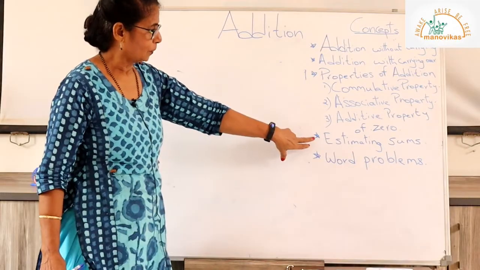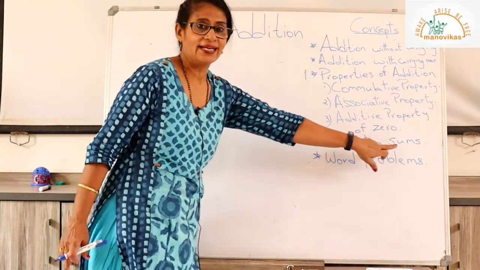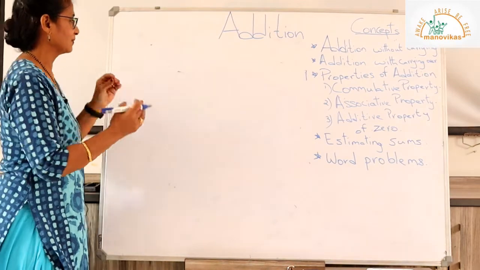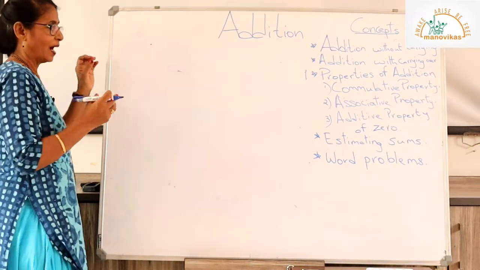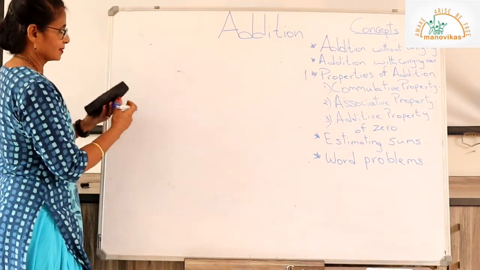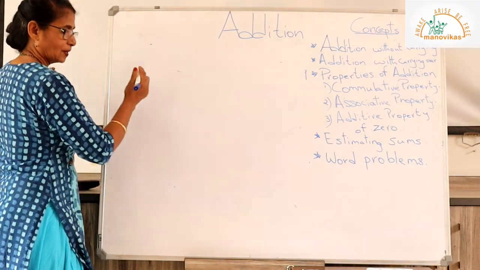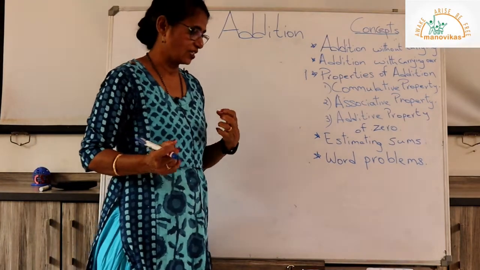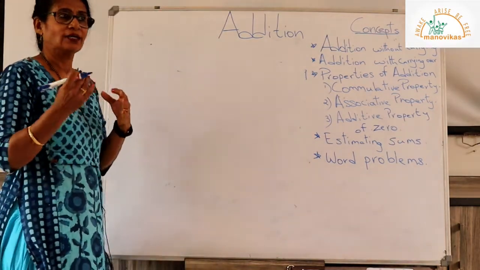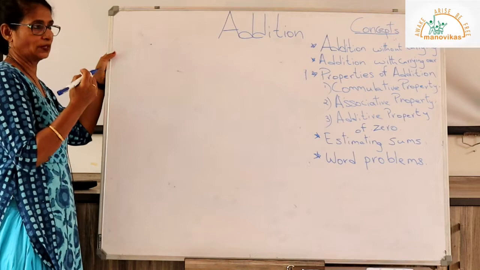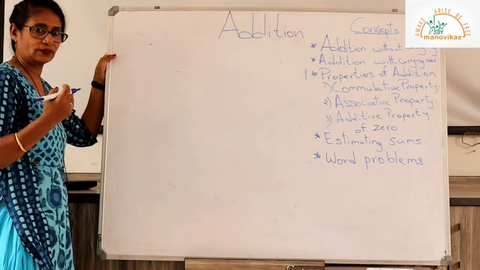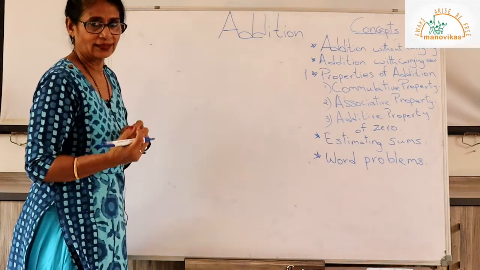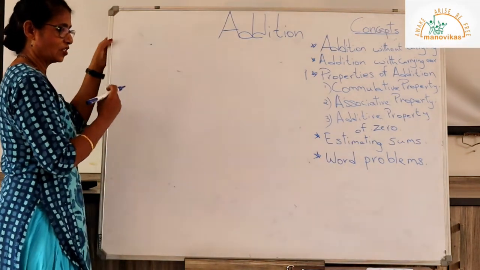Next we have our fourth concept, estimating sum. Now what do you mean by estimating? We just estimate a number other than the actual sum. So for example, to estimate a 3-digit number, use the hundreds closer to each number. If you are doing a 4-digit number, you have to use the 1,000 closer to each number.